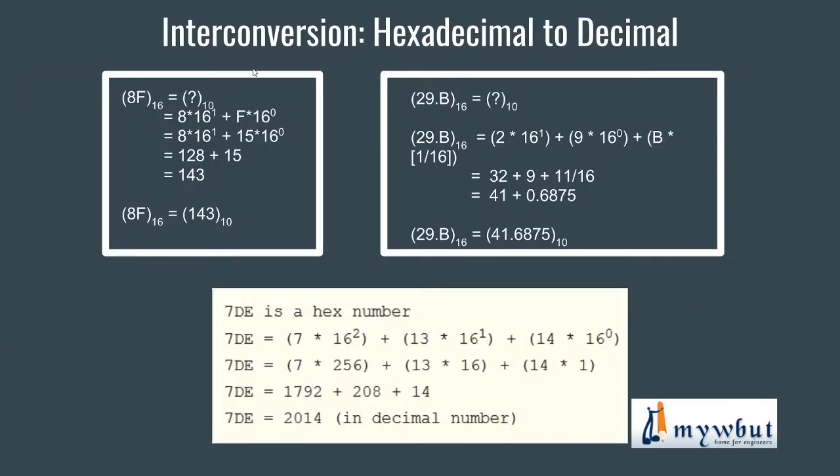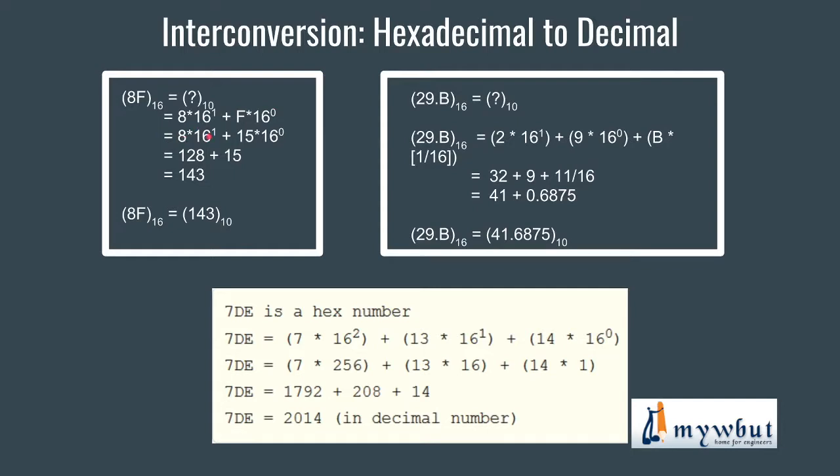Now that we are done with decimal to hexadecimal conversion, we shall see hexadecimal to decimal conversion. Suppose we have 8F, which is in hexadecimal, and we intend to convert it into the decimal number system. First of all, we see again the positional weights. The positional weight of F is 0 and that of 8 is 1. Thus, we write 8 into 16 to the power 1 plus F into 16 to the power 0.